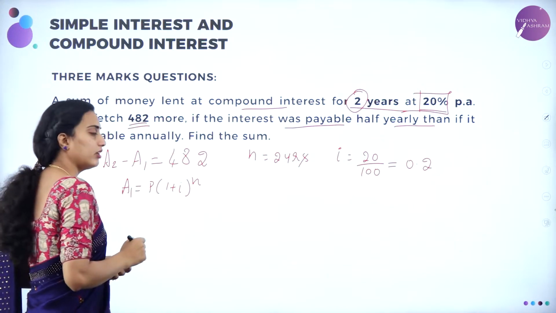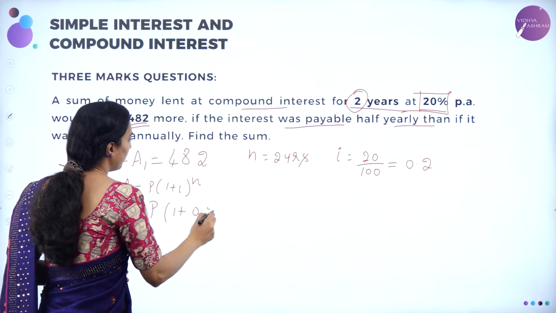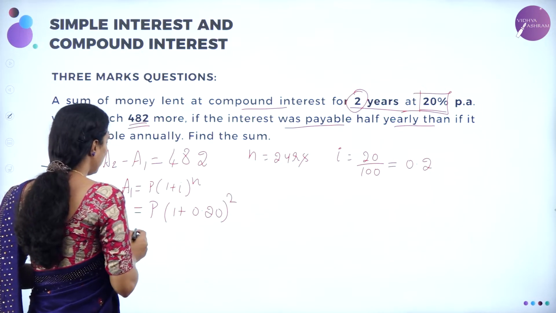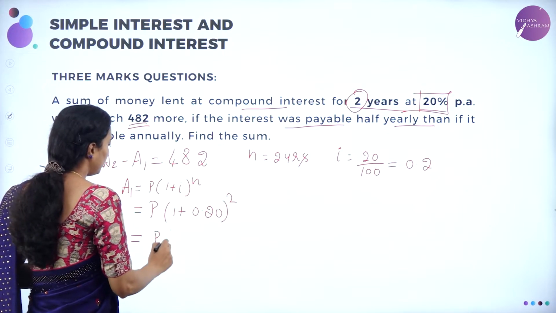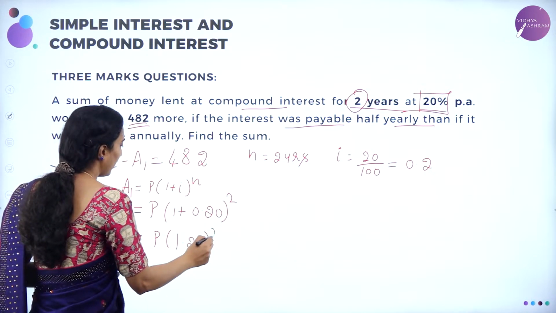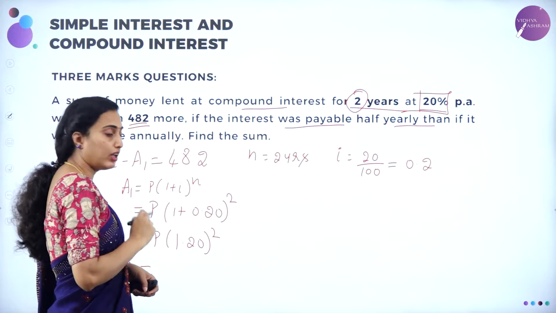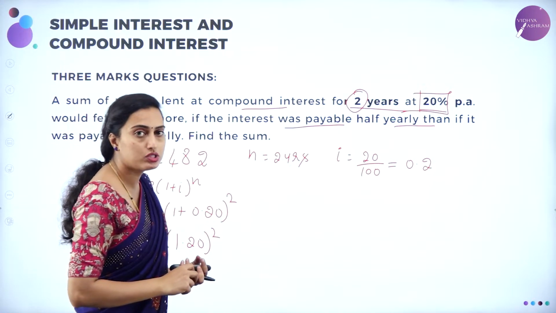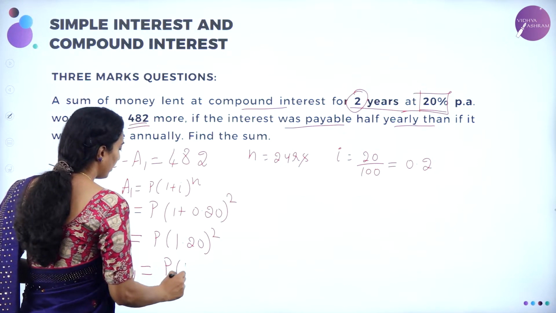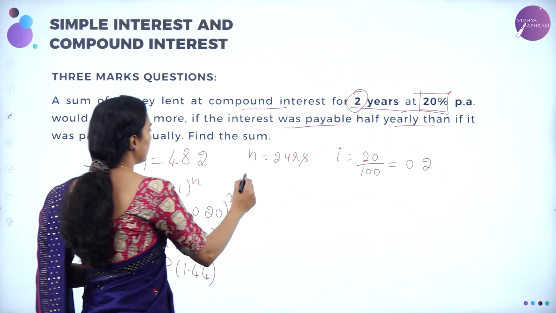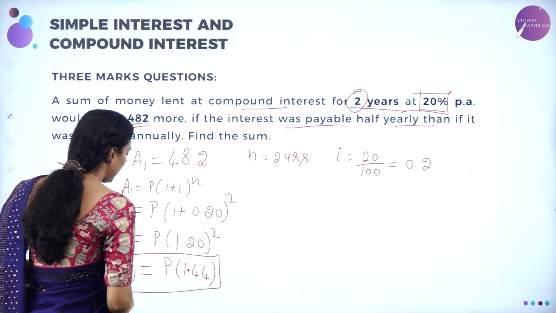So I am going to take A1 is equal to P into (1 plus 0.20) whole to the power of 2, which is P into 1.20 whole squared, which is P into 1.44. So A1 is equal to 1.44P. Okay, you are going to keep it as it is.